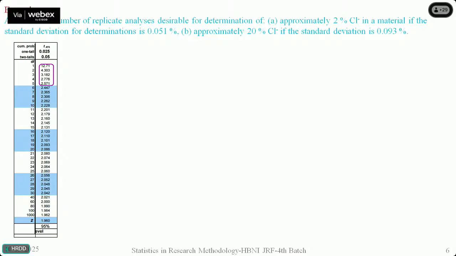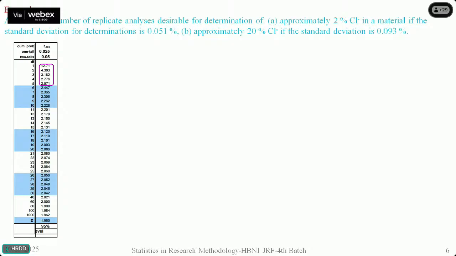Now the thing is that at two different concentration levels we are talking. So at lower level concentration, whether that much number of measurements will be sufficient enough to give me quality data. For example, 20% is relatively higher concentration, higher level. 2% is lower level. So just by getting the T value, we will not be able to make a conclusion.